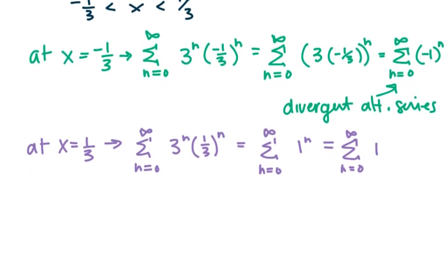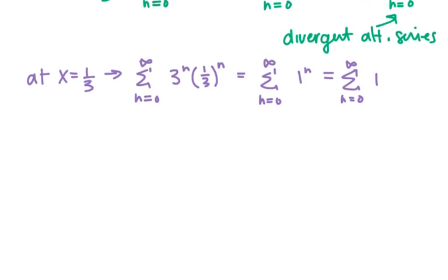And if you sum 1 infinite times, it's going to become infinitely larger. So this is a divergent, infinite sum of a non-zero constant. All right, and we know this is divergent.